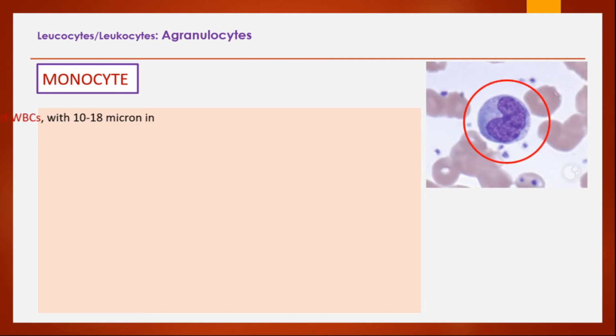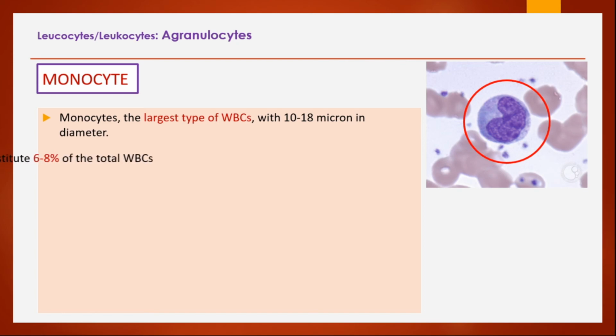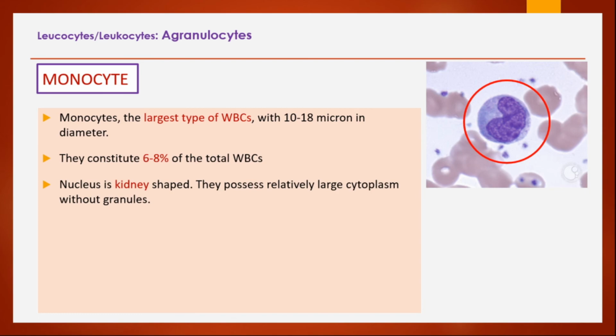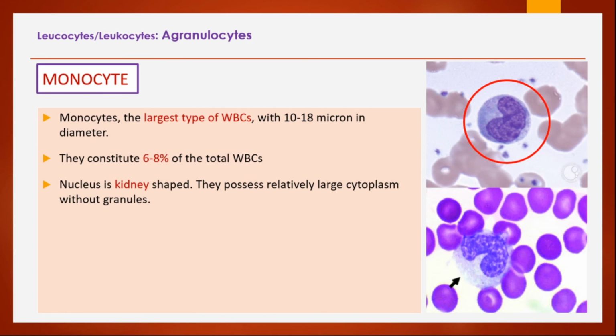The second agranulocyte is monocyte. Monocytes are the largest WBC with a diameter of 10 to 18 micron. They constitute 6 to 8% of the total WBC. Their nucleus is kidney-shaped.